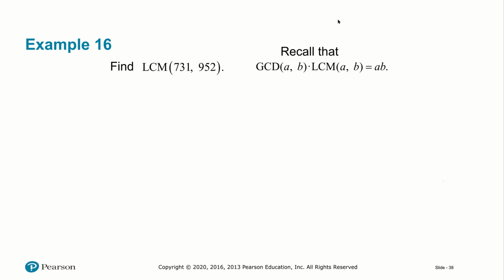This is going to be our last example of the lesson before we look at some homework problems. Here we want to find the LCM of 731 and 952, but we want to use the fact we just learned. So you don't have to find the LCM directly. You should be able to do it by first finding the GCD.